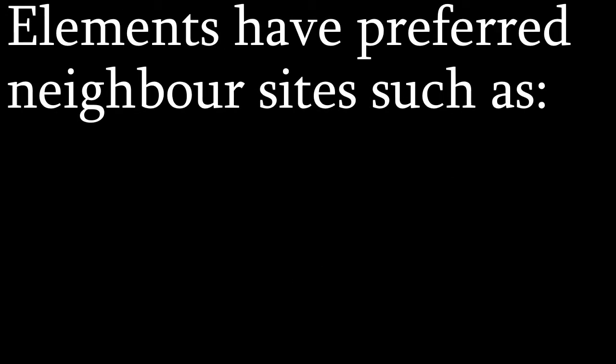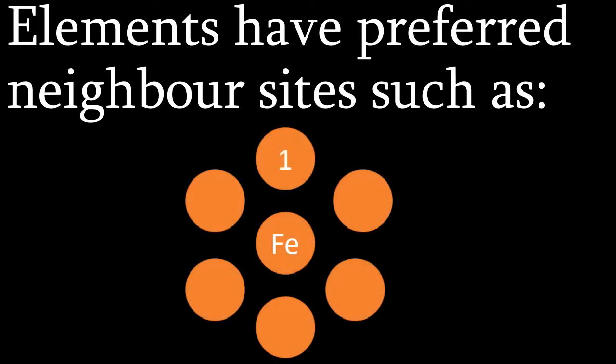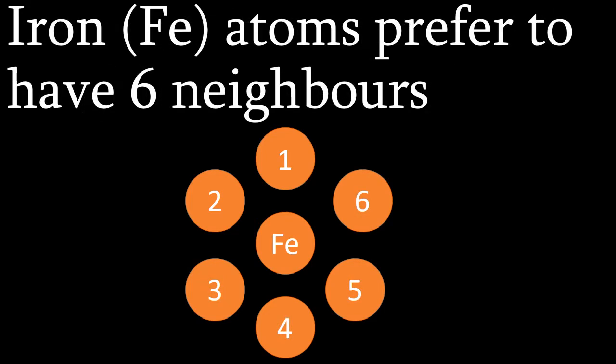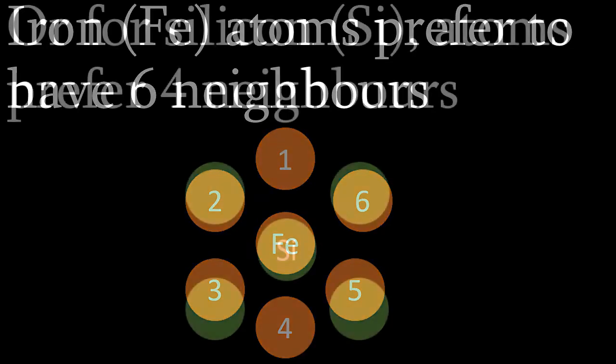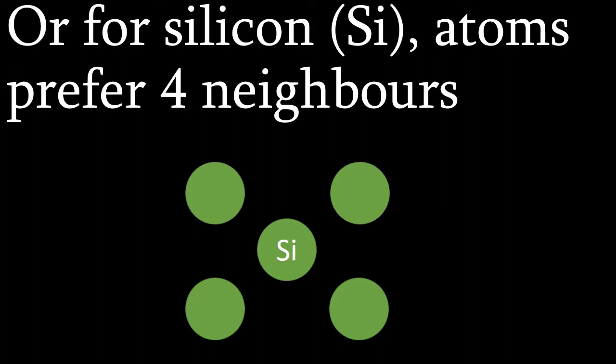Elements have preferred neighbor sites, such as iron atoms prefer to have 6 neighbors. Or for silicon, atoms prefer 4 neighbors.